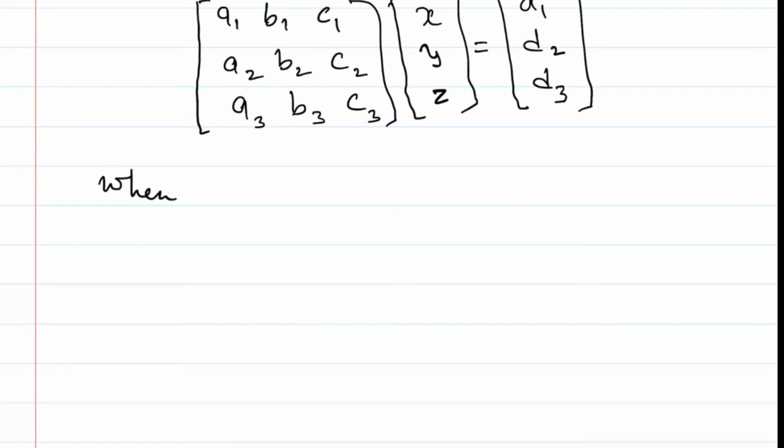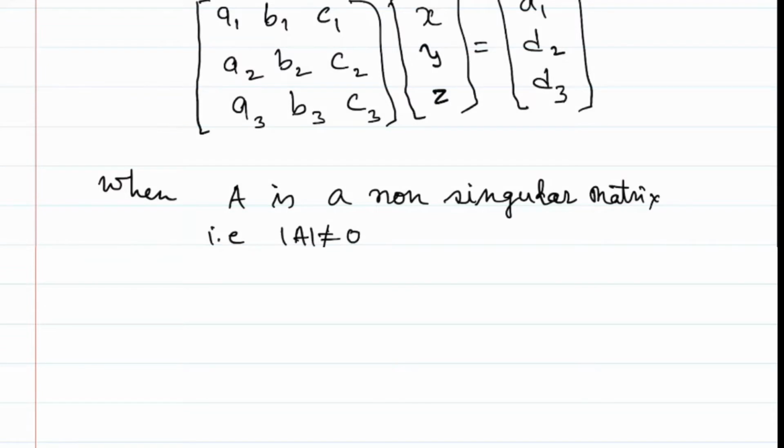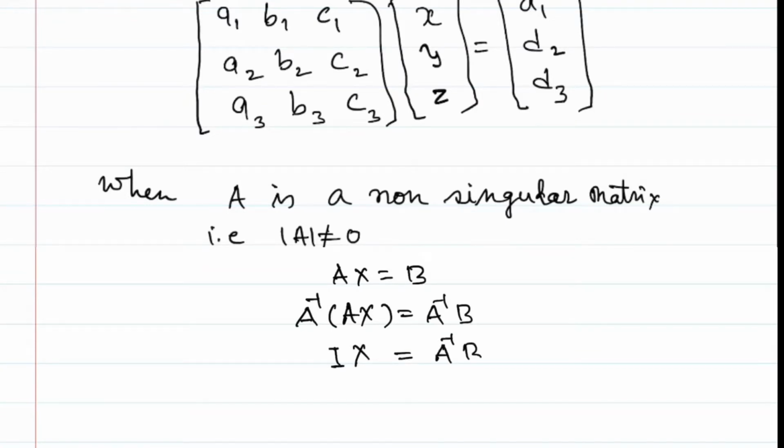When A is a non-singular matrix, that is, determinant of A is not equal to 0, AX is equal to B. Pre-multiplying both sides by A inverse, A inverse AX equal to A inverse B, IX is equal to A inverse B. I is the identity matrix of the same order as A, so X equal to A inverse B.